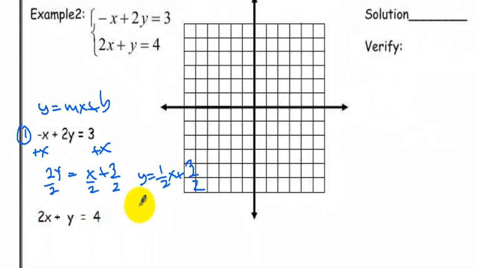So our m is 1/2, or -1 over -2. And our y-intercept is equal to 3/2, or 1.5. Okay, so we are going to start on the y-intercept 1.5. Let's use this slope 1/2.